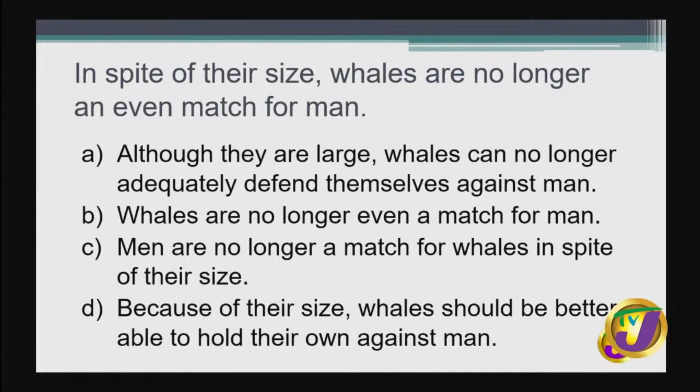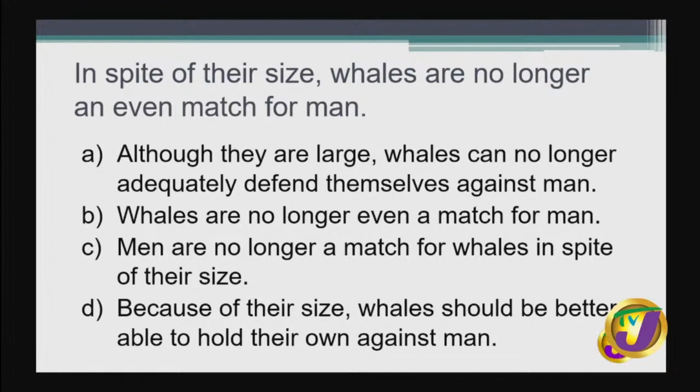Next one says, whales are no longer even a match for man. Men are no longer a match for whales in spite of their size. Because of their size, whales should be better able to hold their own against man. Oh my, oh my, oh my. We have a conundrum on our hands.